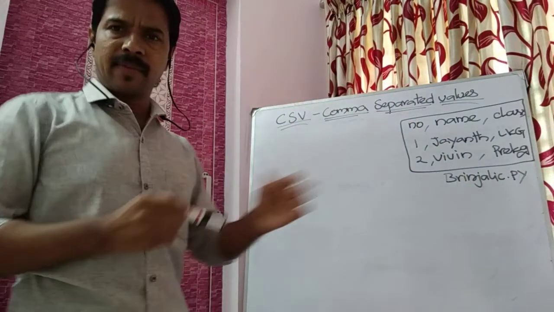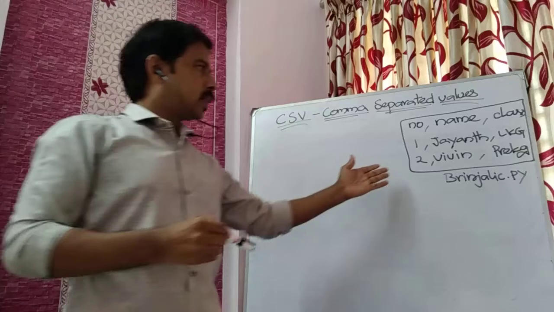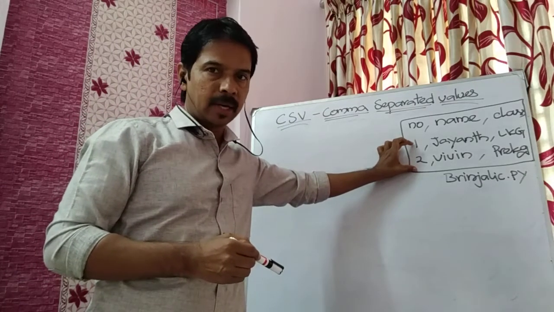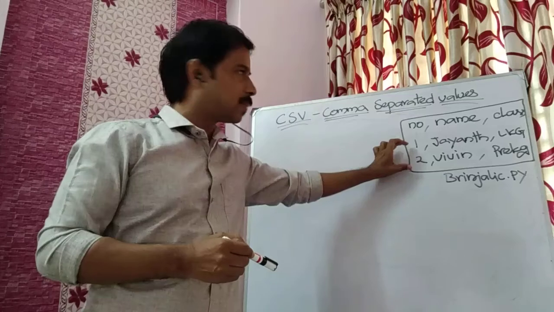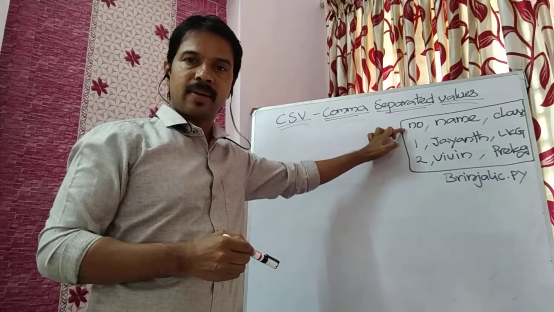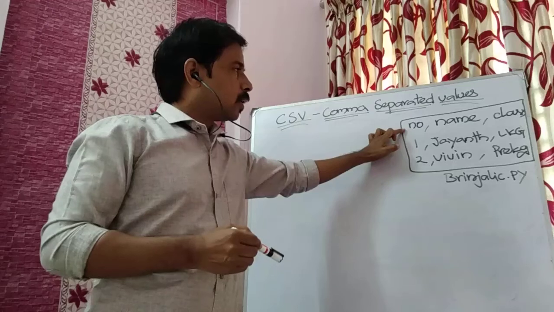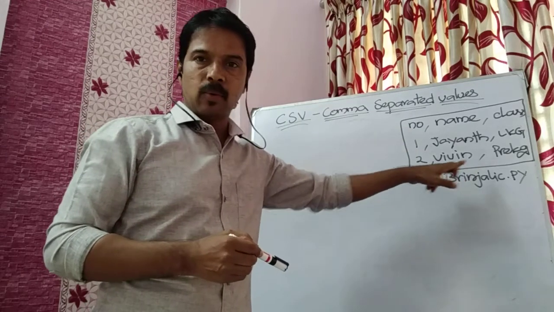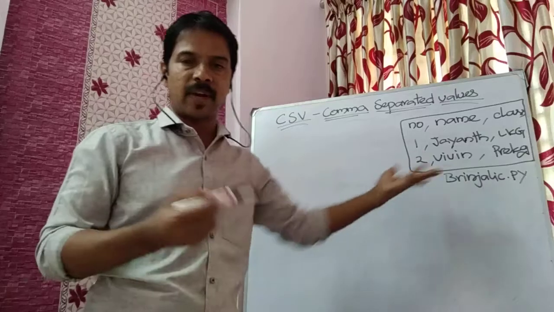Yes, we can access even Python files. Here actually two records are there, but the heading also we are going to consider as a first record. The file name can be anything, even a text file.